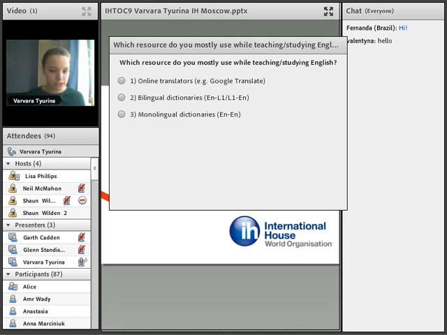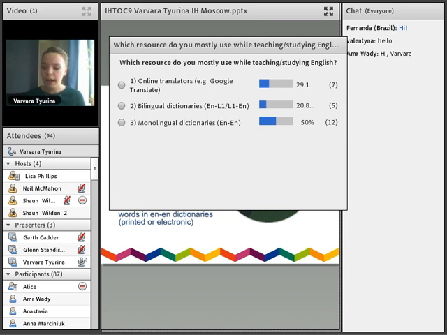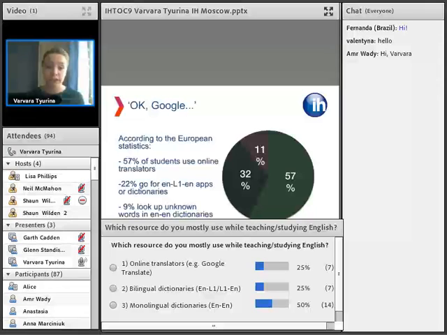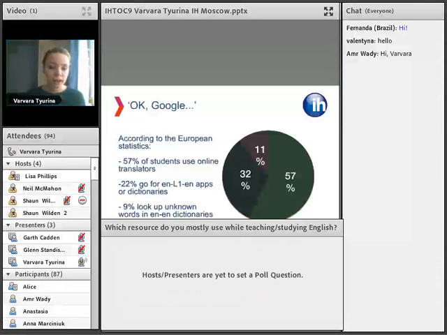I'm going to tell you about the statistics that I've got from the EU. According to the statistics, most students prefer to use online translators. That is 57% of people, which is quite a big figure, and bilingual dictionaries, which are dictionaries that give you translation from L1 into English and back from English into L1, take 22% of students.